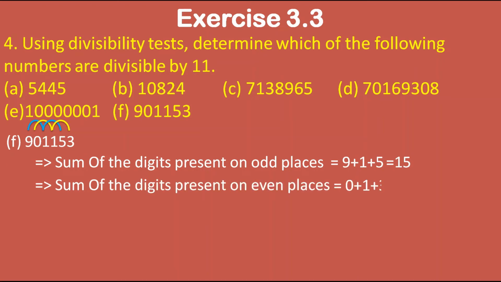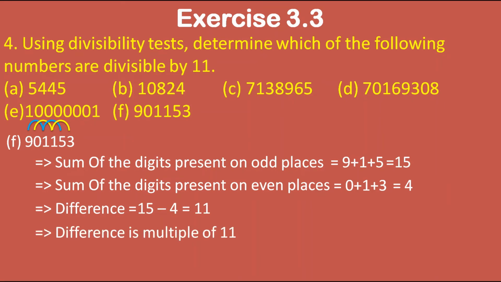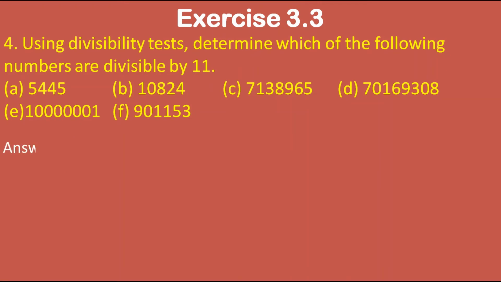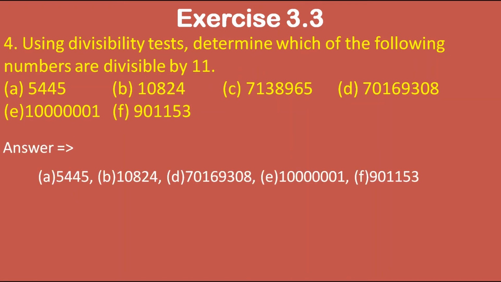It is giving the answer as 4, and the difference is 15 minus 4, which is 11, and the difference is a multiple of 11, therefore the number is divisible by 11. Okay, so the final answer for this question is the numbers A, B, D, E, F. These are divisible by 11.